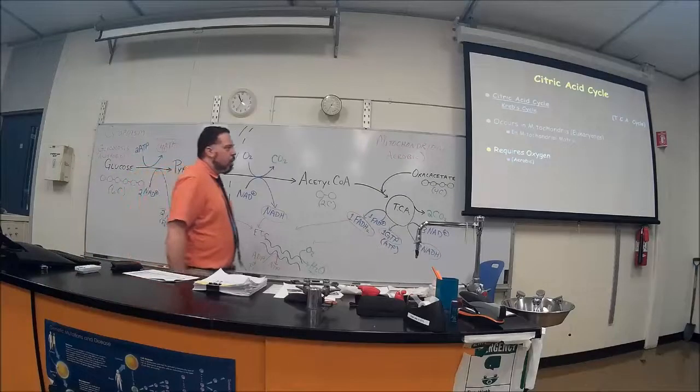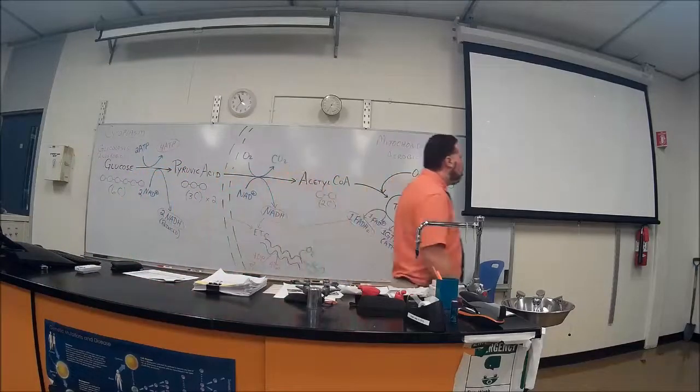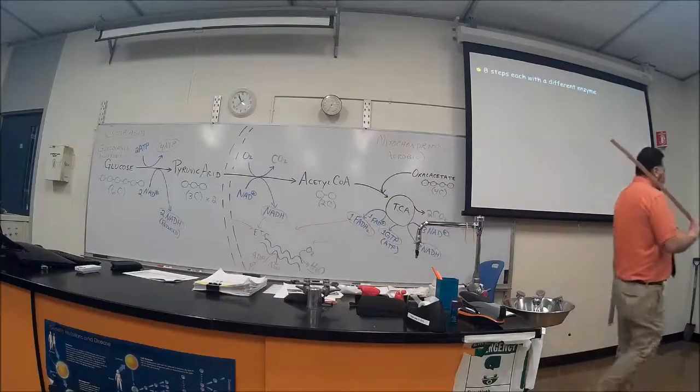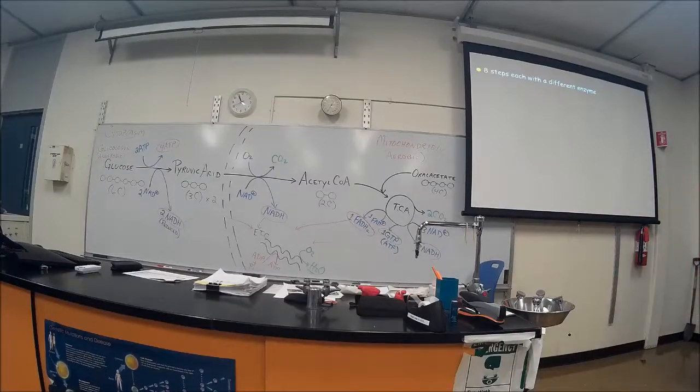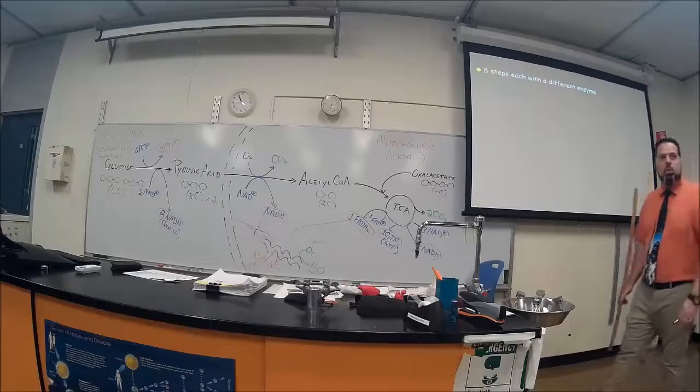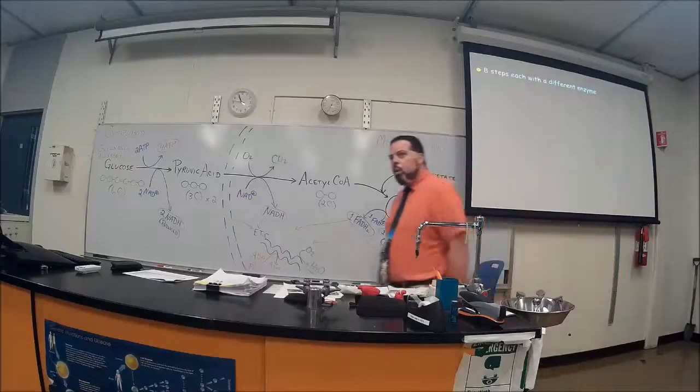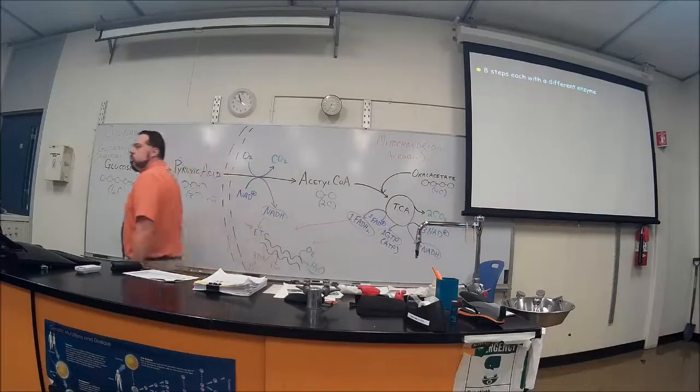This you need oxygen for. And there are 8 steps with different enzymes. You don't have to worry about those 8 different steps. Okay? And you don't have to worry about all those enzymes. Okay?